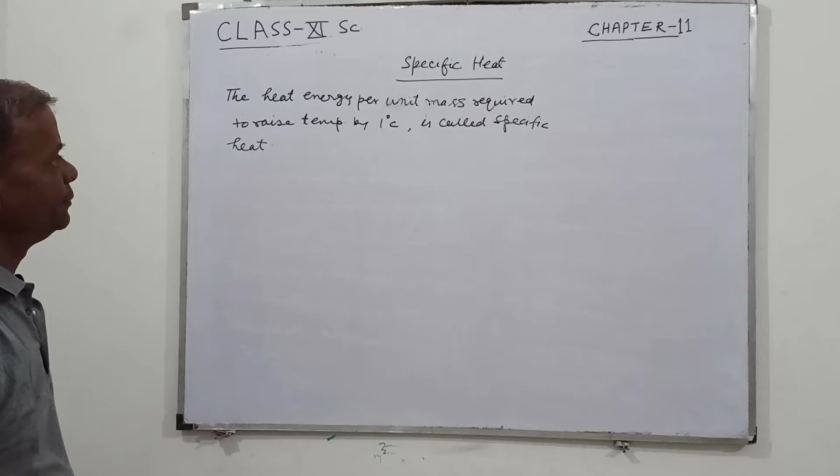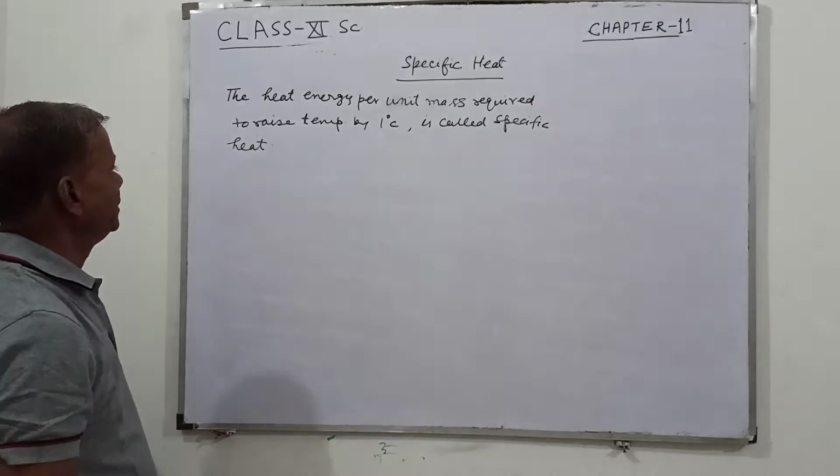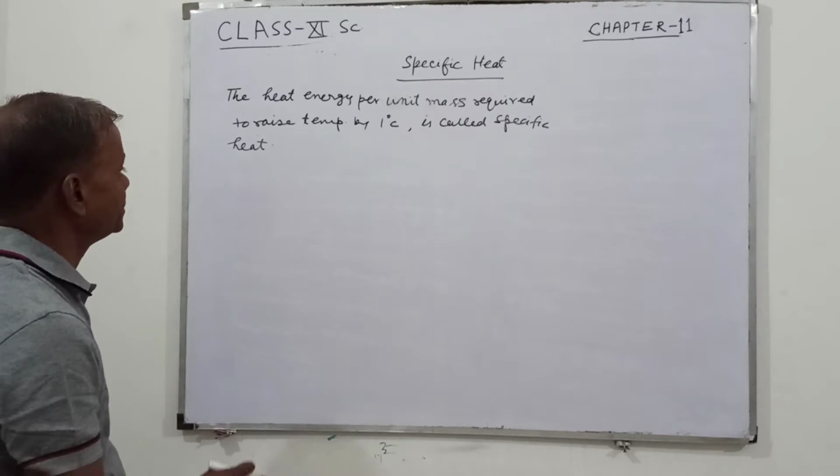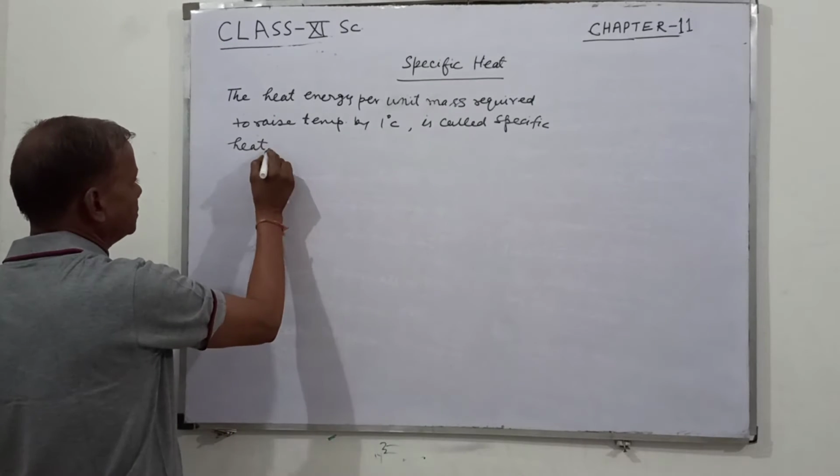The heat energy per unit mass required to raise temperature by 1 degree Celsius is called the specific heat, denoted by C.